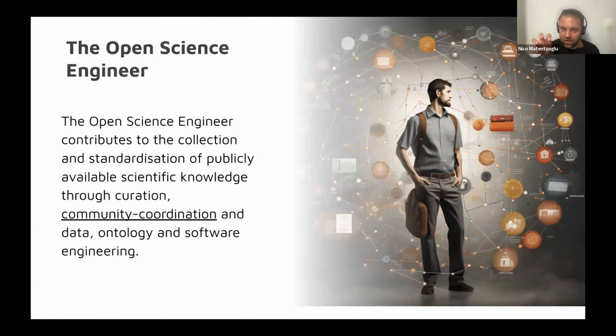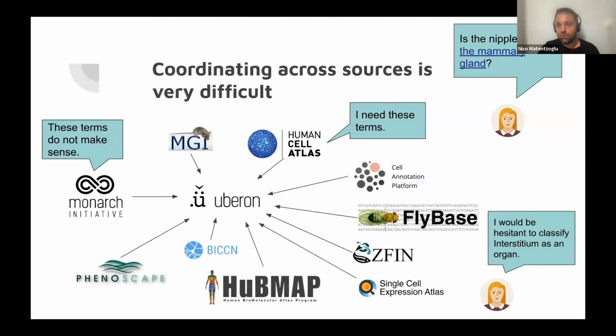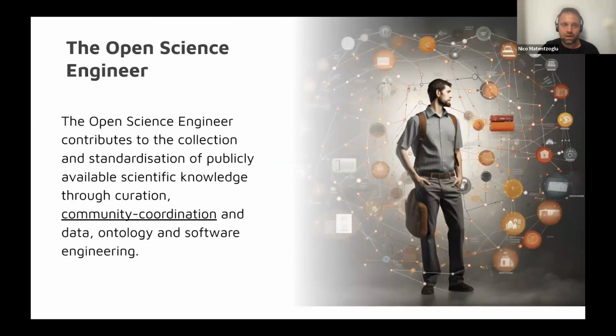Here I emphasize community coordination because it's really a key piece in the puzzle of standardization, to have people out there that, independent of whether they're actually building ontologies or not, are looking to coordinate these kinds of conflicting issues and figuring out what to do when they arise.